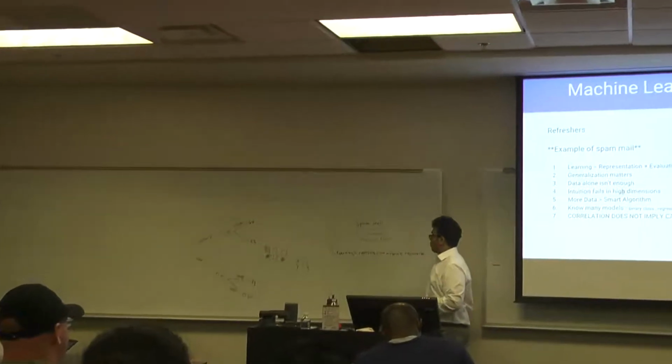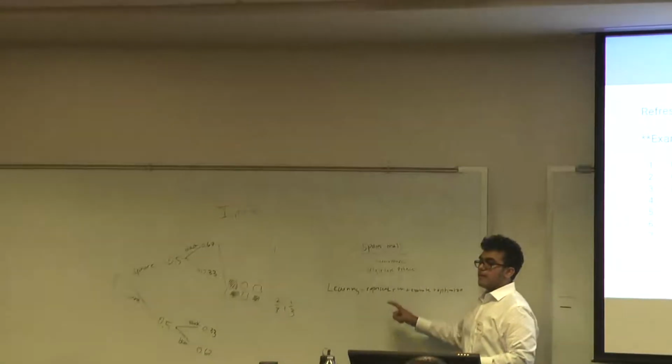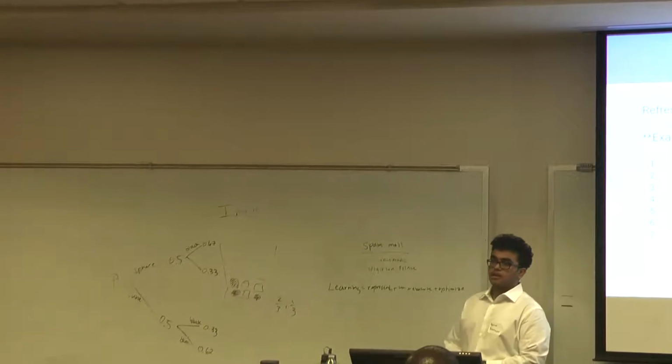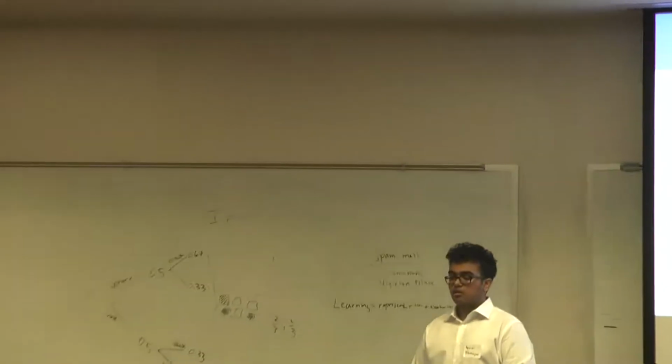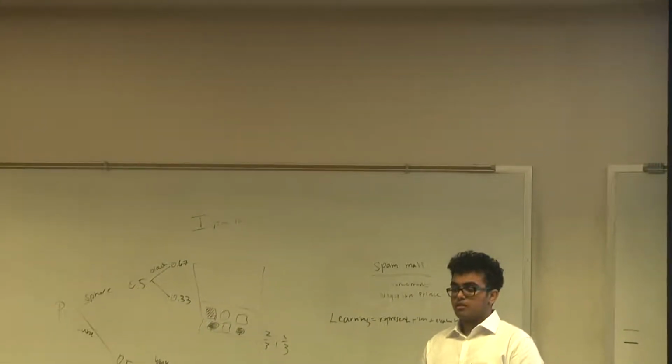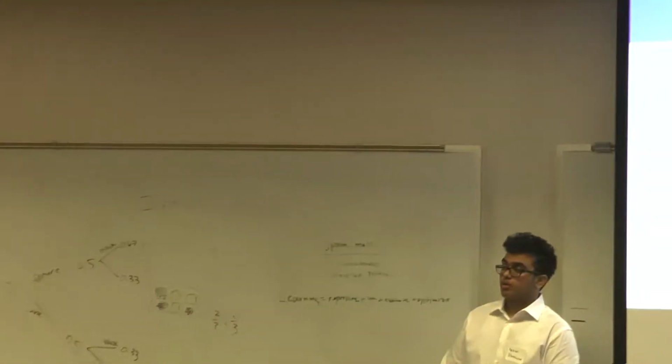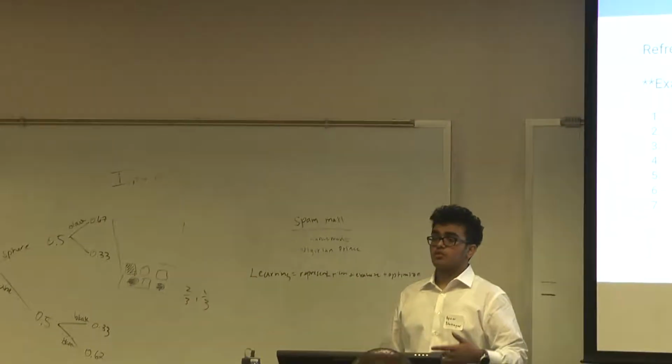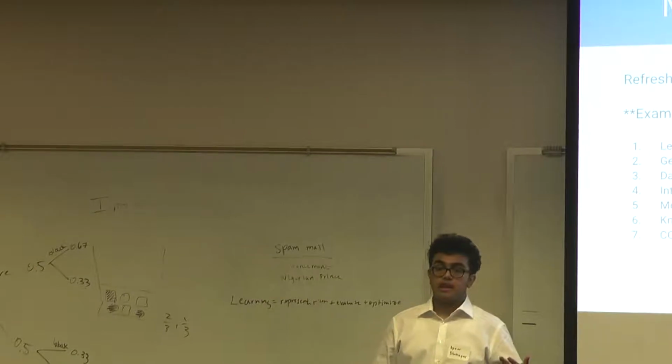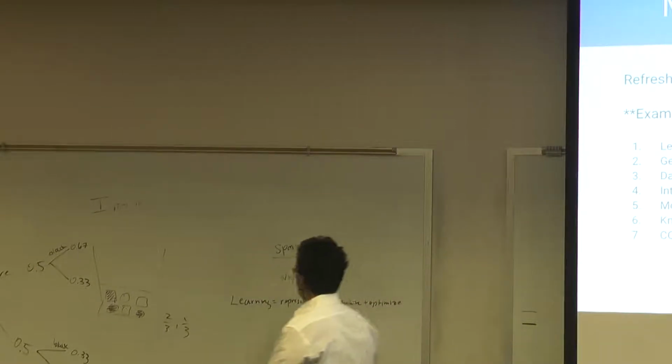When we talk about representation, the naive Bayes model, for example, is an idea of representation, representing our data. I'll write that down because that's actually important.